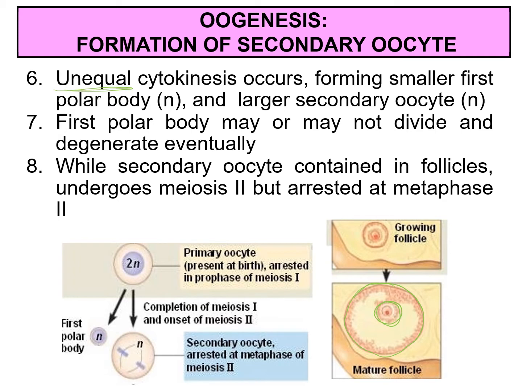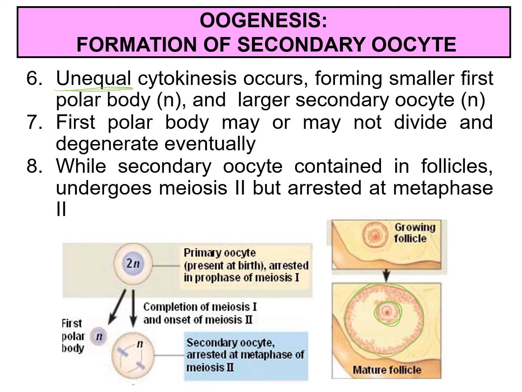Because of that, it will form a smaller polar body and a larger secondary oocyte. The first polar body may or may not divide, and eventually it will degenerate. We are not going to discuss more details about what happens to the polar body.